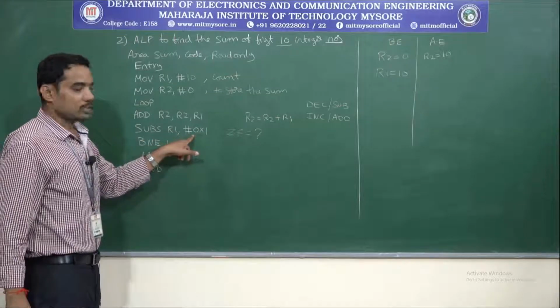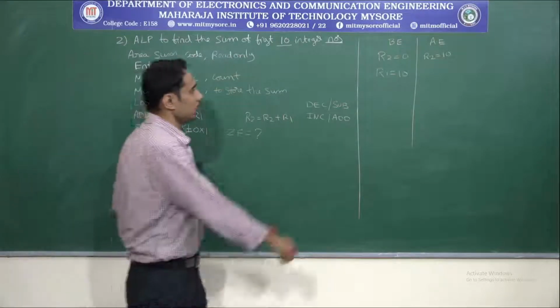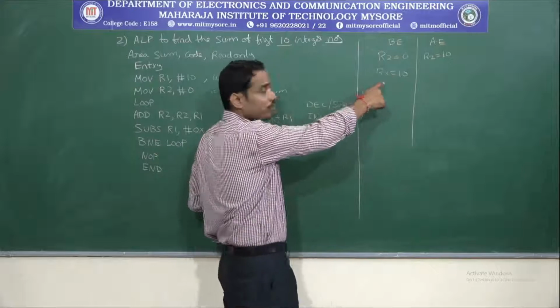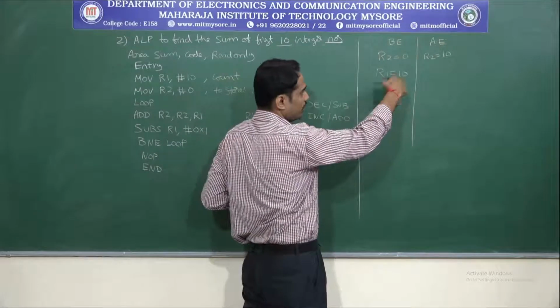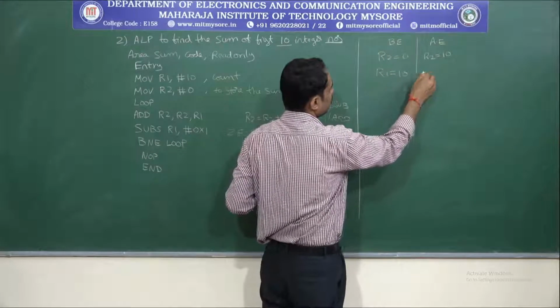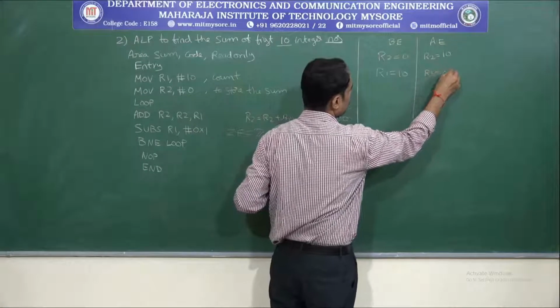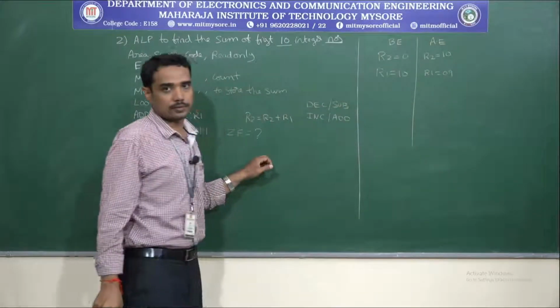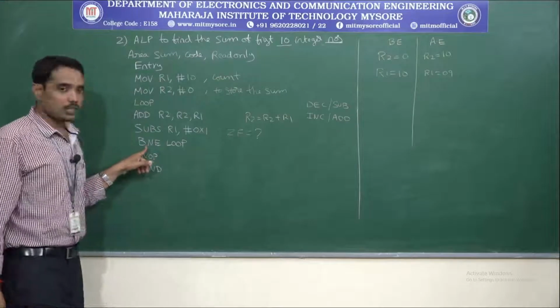Then R1 is subtracted by 1. Then what is the value of R1 before execution? Now it is 10. After execution, R1 will be equal to 9.